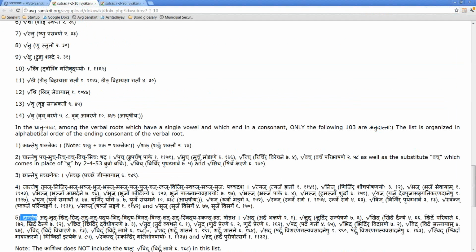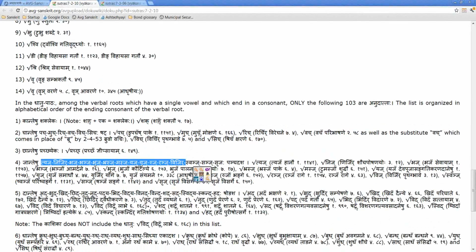Janteshu: tyaja, nijir, bhaja, bhanja, bhuja, brashja, mashja, yaja, yuja, ruja, vijir. So vraja is not here. And the same with danteshu: ada, kshada, khida, chida, tuda, nuda, padya, bhida, vidya, vinad, vind. That's all. So vada is not here. So basically they are udattopadesha.